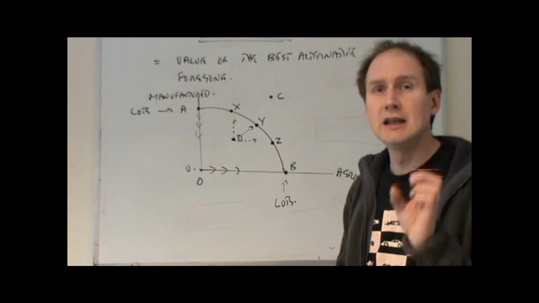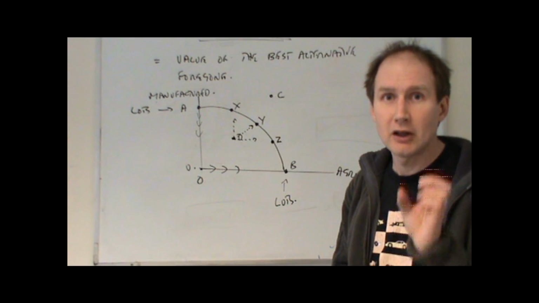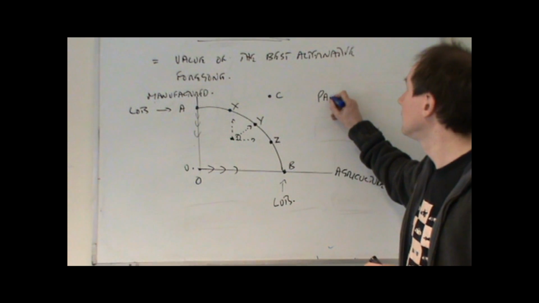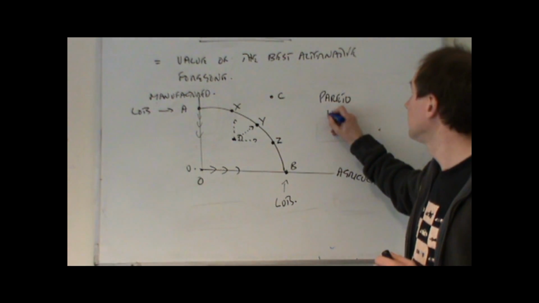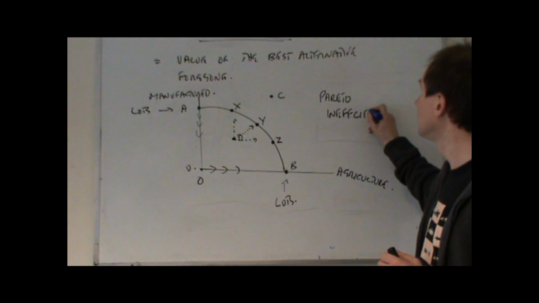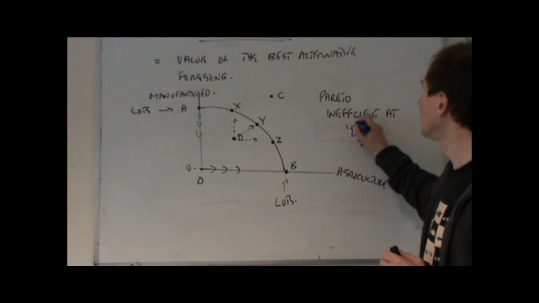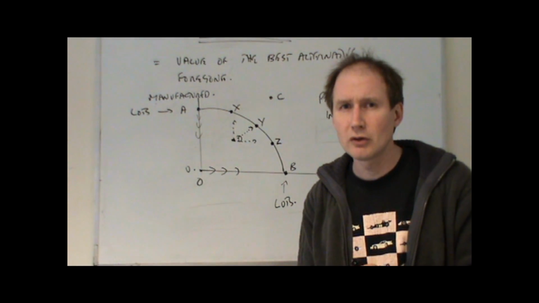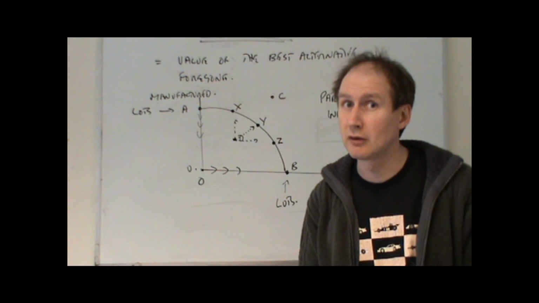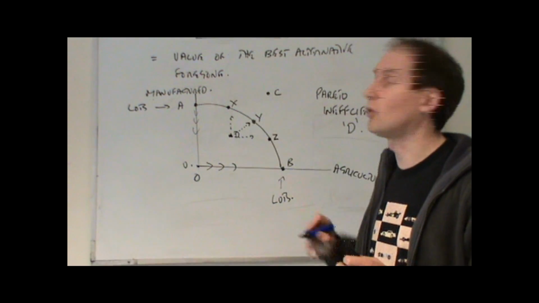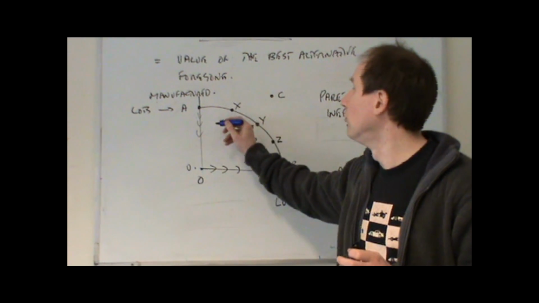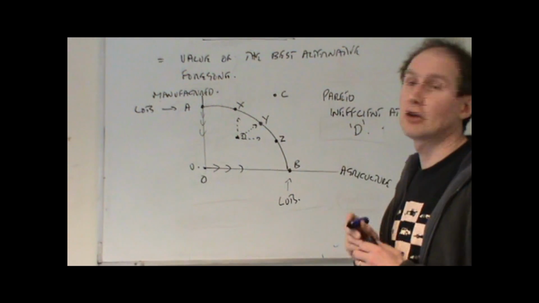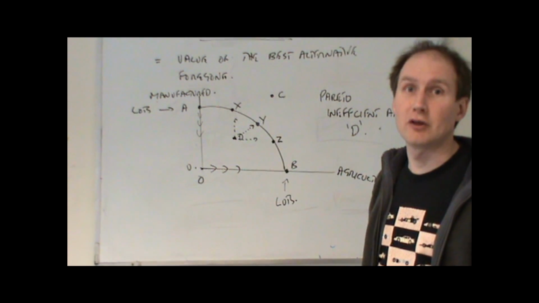So the economy is operating inside its production possibility frontier, and an economy operating at a point such as D is known as Pareto inefficient. And what that means is it's possible to increase output of one good without reducing an output of another. Whereas that's not possible at a point such as Y. At Y, if you want more manufactured goods, you have to have fewer agricultural goods. If you want more agricultural goods, you have to give up manufactured goods.